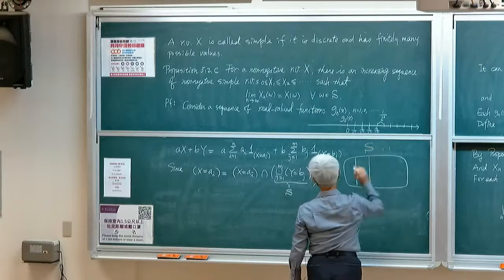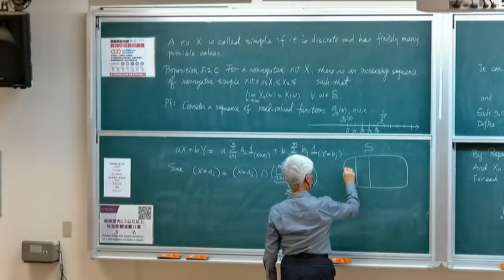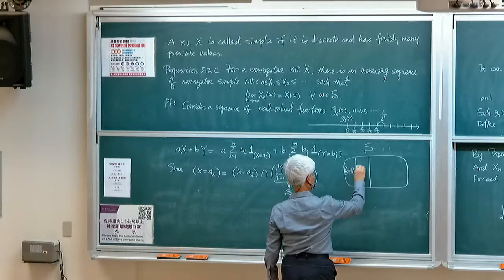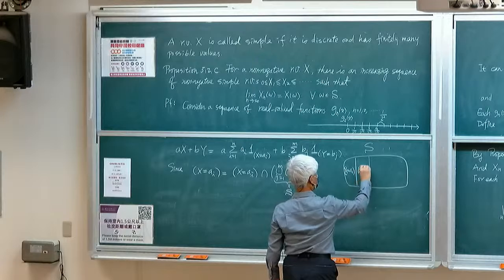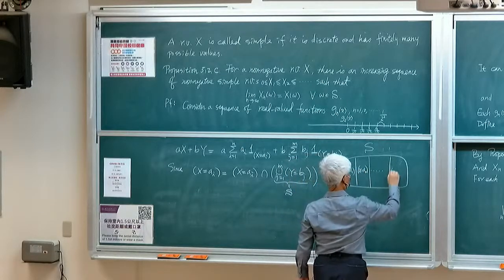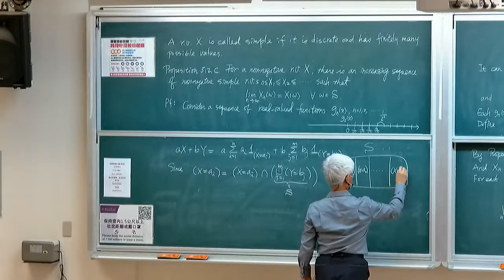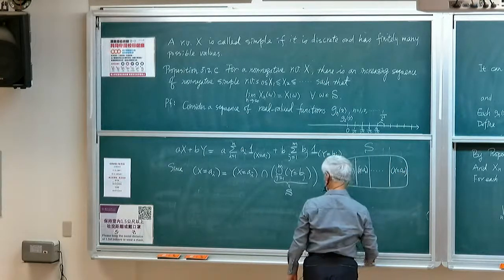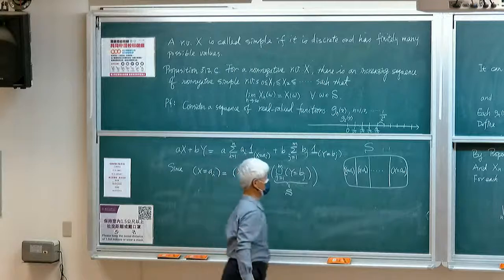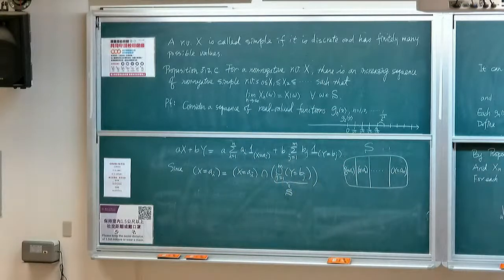So this is the sample space, and so the events x equal to a_1, x equal to a_2, up to x equal to a_n. Okay, so that is one possible partition, right?